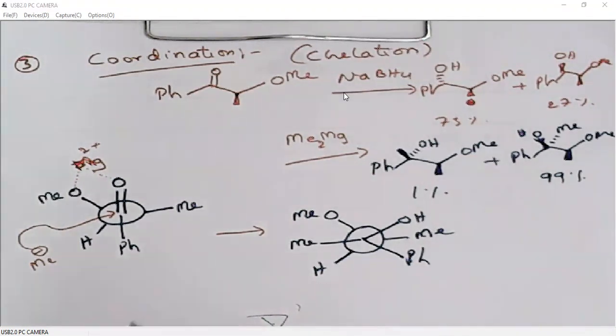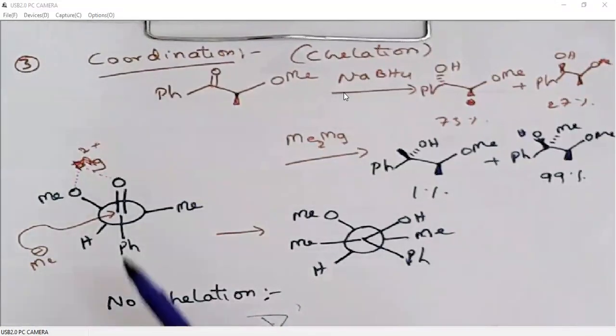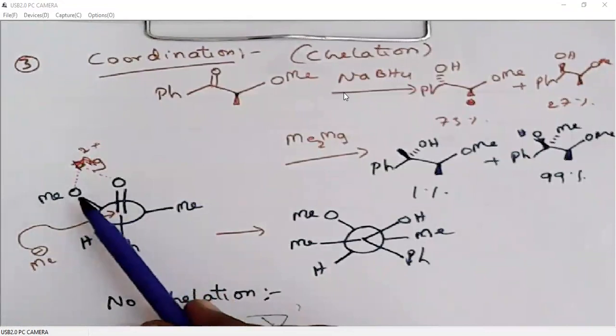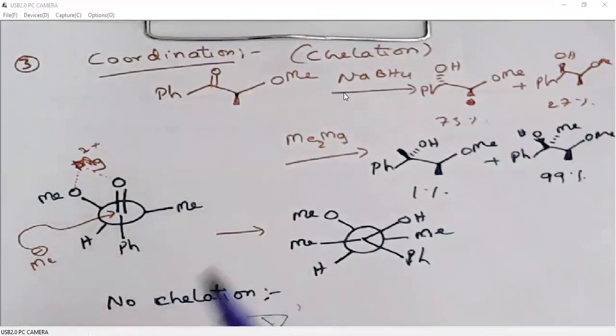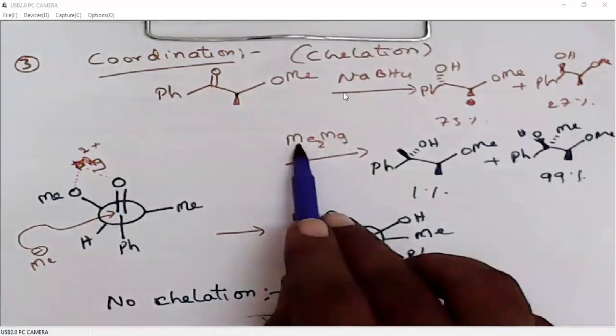So when will we have chelation, and when won't we? Generally, it depends on the metal ion. For chelation, we must have a more electronegative atom, either oxygen, phosphorus, nitrogen, or sulfur, an oxygen group or nitrogen group. Then only will we have chelation, and that also depends on the cations.